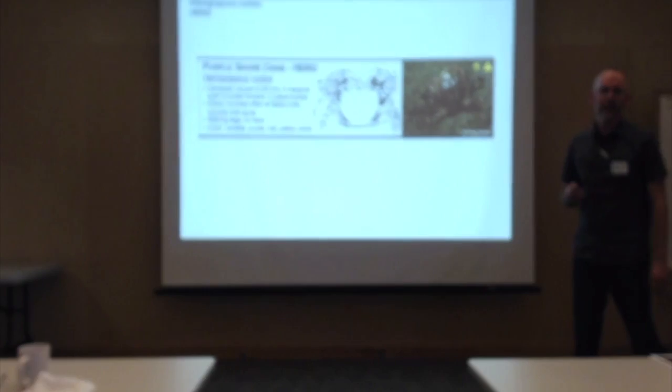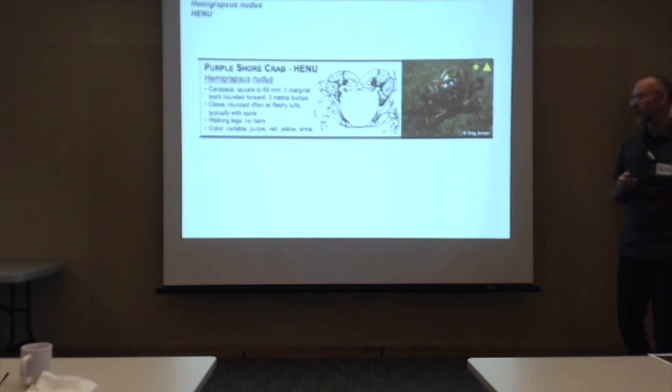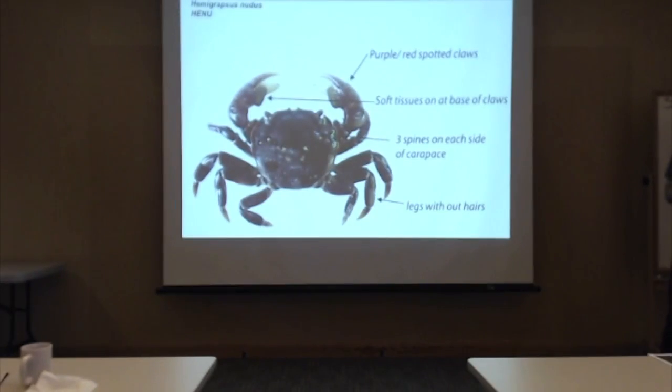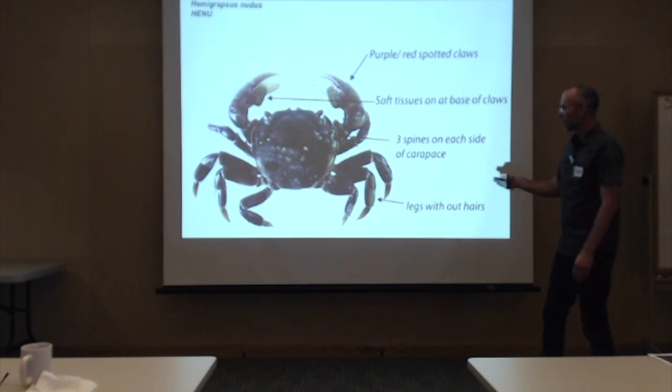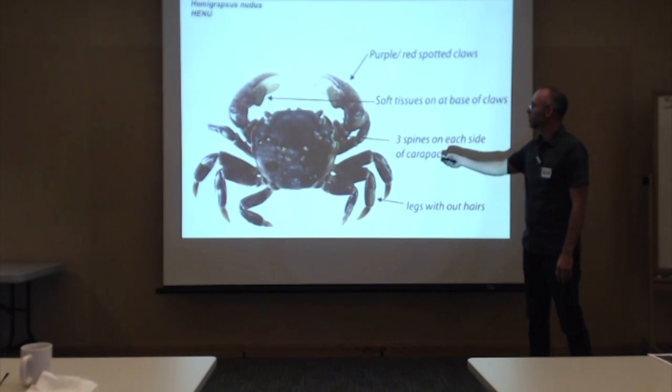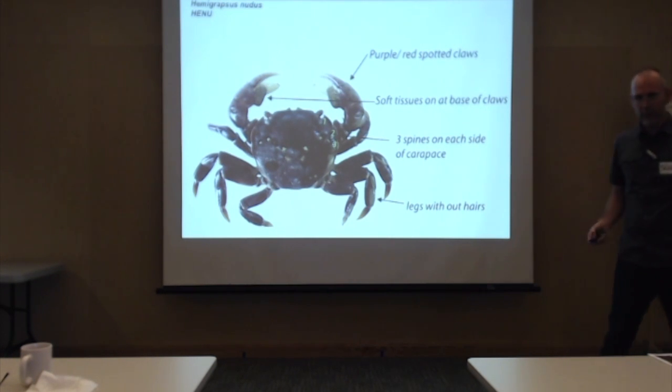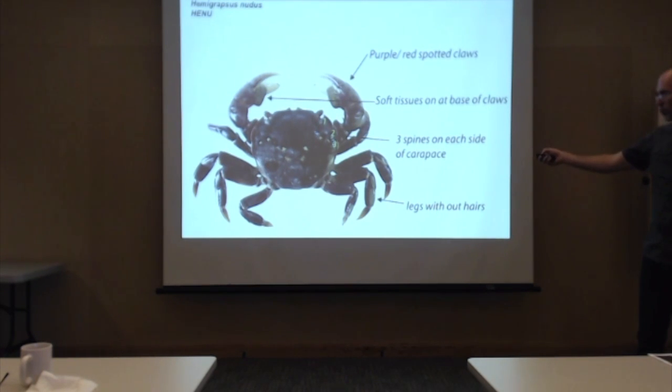Anyway, now I'm going to move on to its close relative. This is its kissing cousin, the purple shore crab, or Hinu. Now, the purple shore crab has 3 marginal teeth as well, but what we think of when we look at the purple shore crab is that it's a much more rounded carapace.